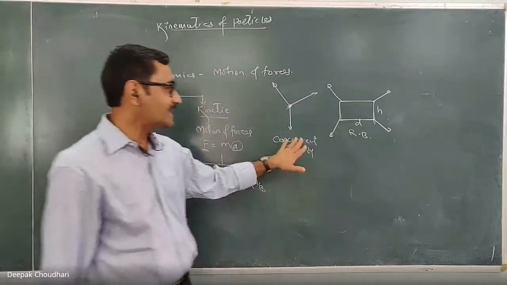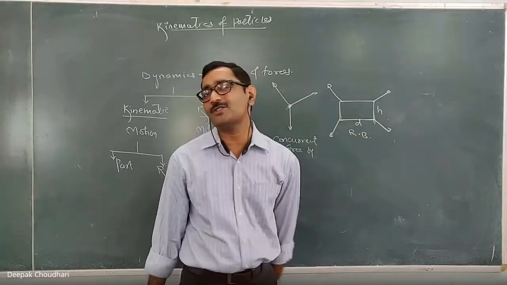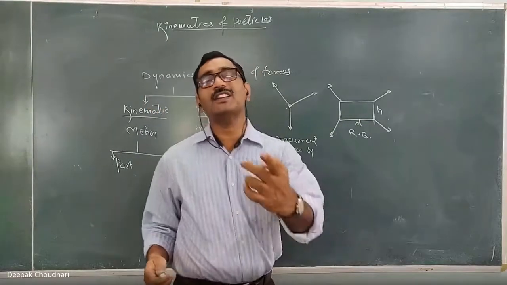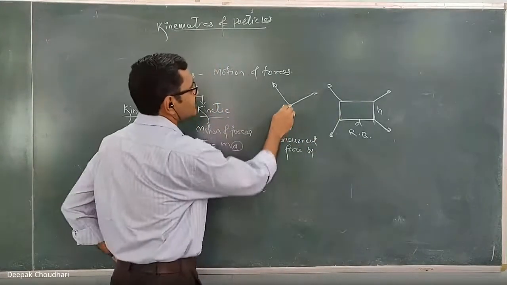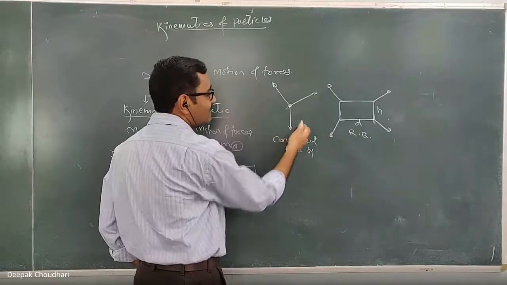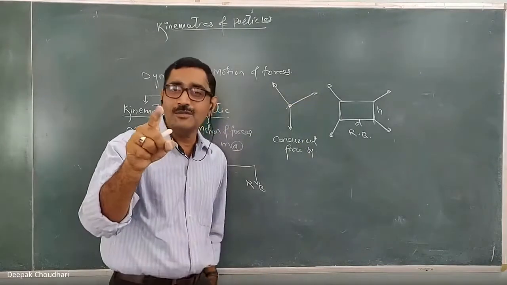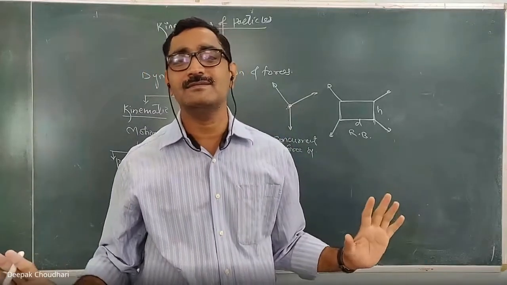In case of a particle, the corresponding force system becomes a concurrent force system. In case of a rigid body, it becomes a general force system. The next important thing related to the concurrent and general force system: since the forces acting on a particle always form a concurrent force system, under the action of the concurrent force system, rotational motion is never possible.